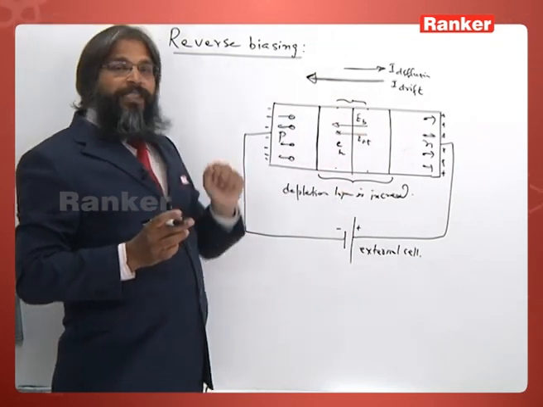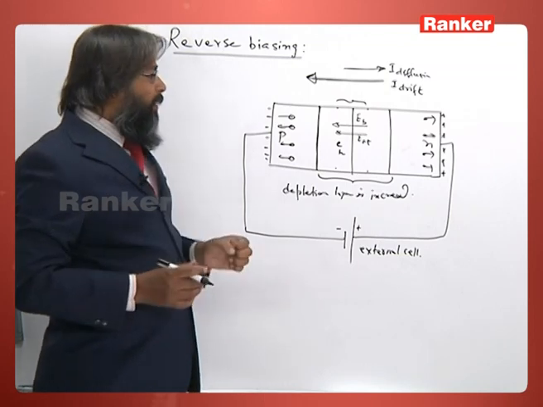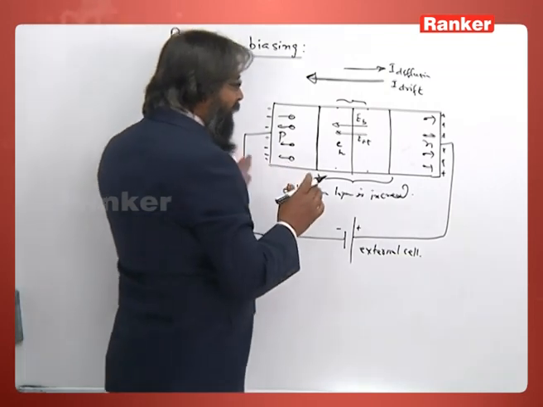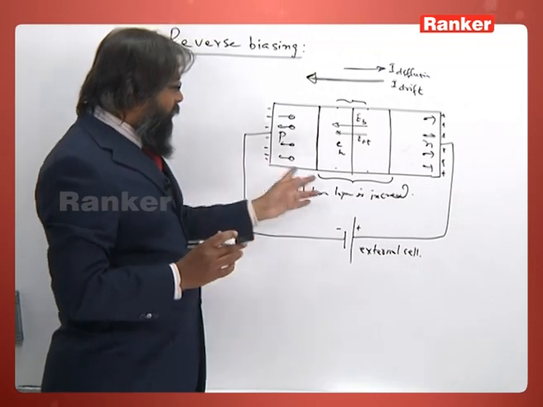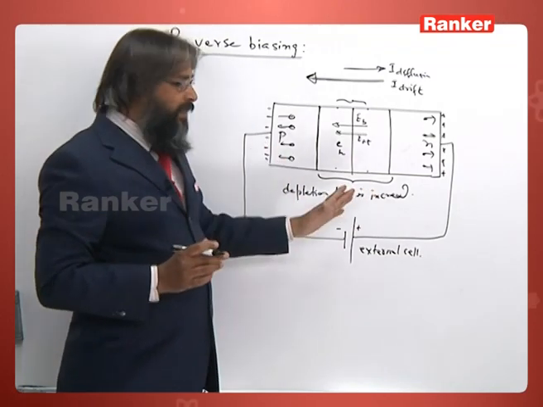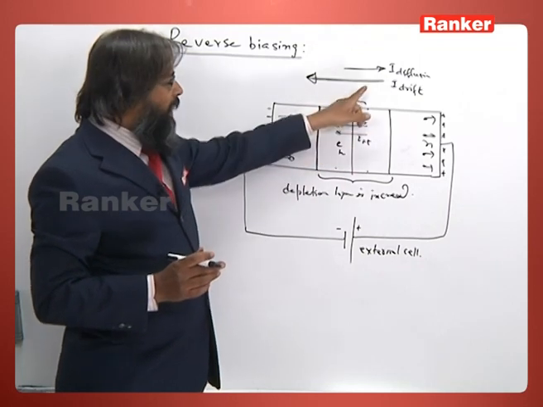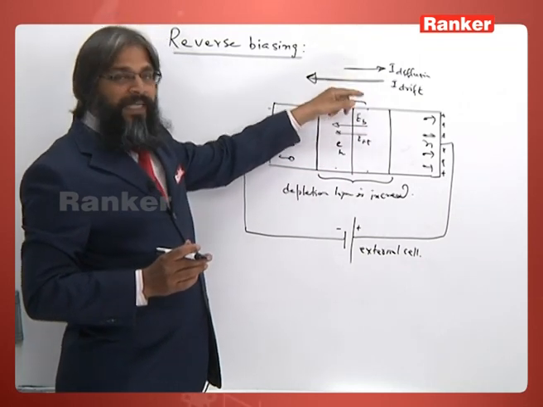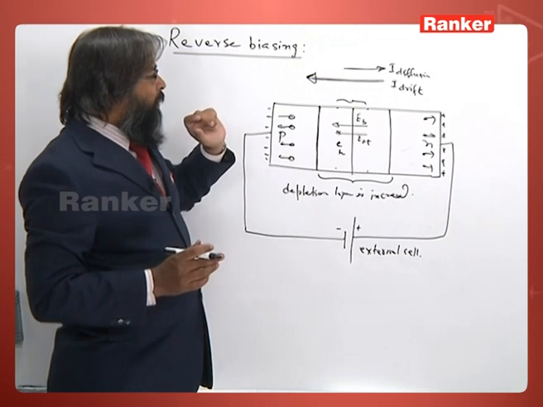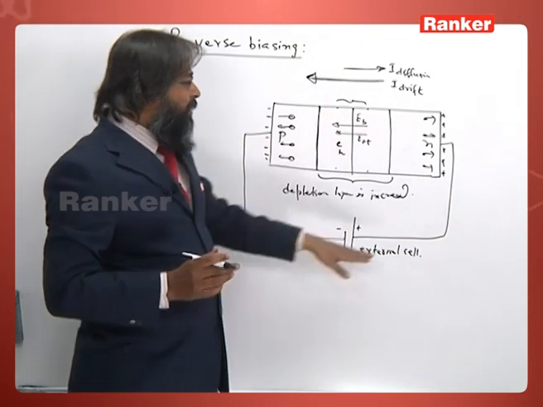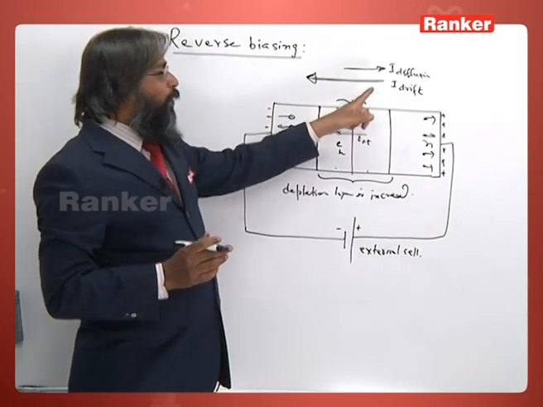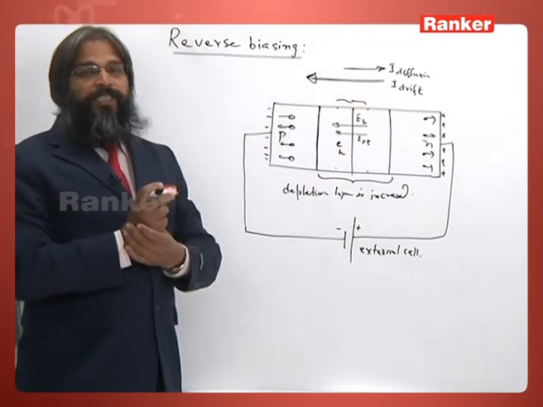So the order of this drift current is very small. So what has happened? Let us summarize. The depletion layer has increased. The net field here has increased. So there is an imbalance in diffusion current and drift current, so there is a net current flow in this direction, and the current flow is because of minority charge carriers, which is very small.